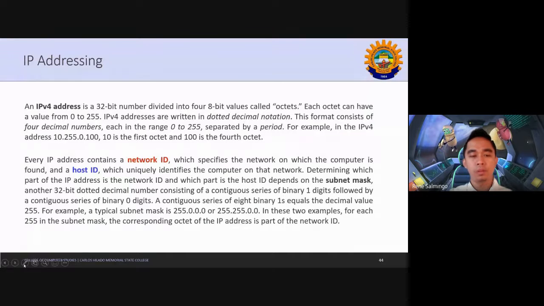So each octet can have a value from 0 to 255. So in the previous test in the game, when you see more than that value, it means that is not a valid IP address, because we will have only values from 0 to 255.